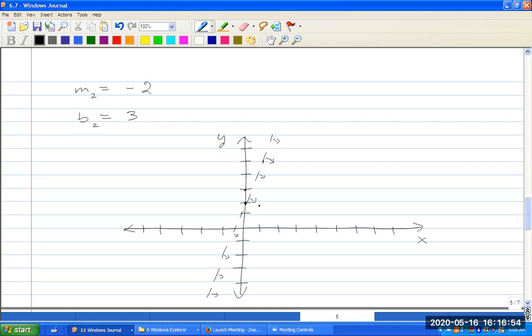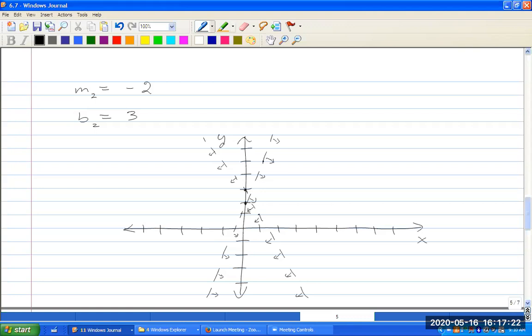So you go over 1, down 2. And again, it's a dashed line. So it looks something like this. And it's also true below. So it's true in this region. So I'll just put little arrows to indicate where it's true.